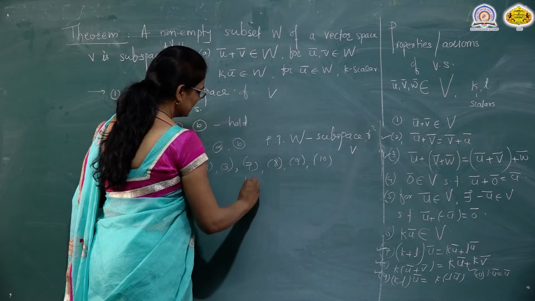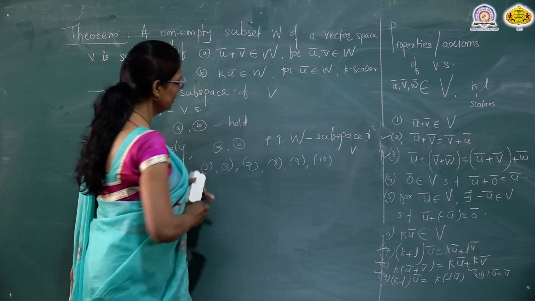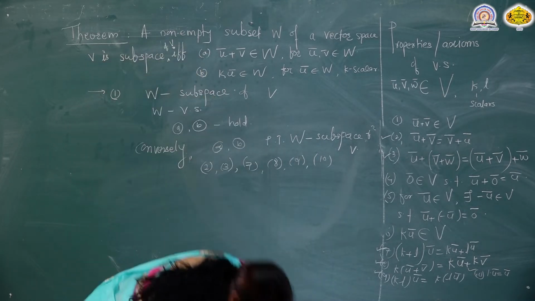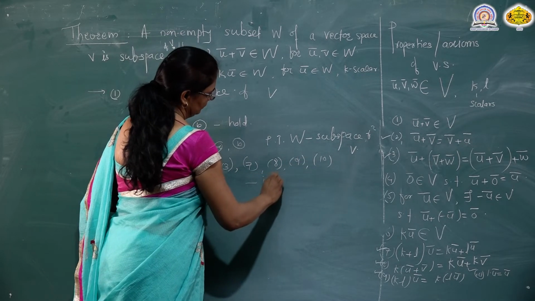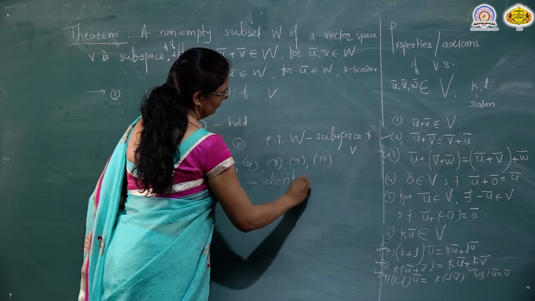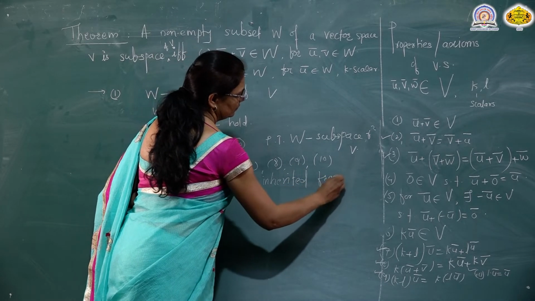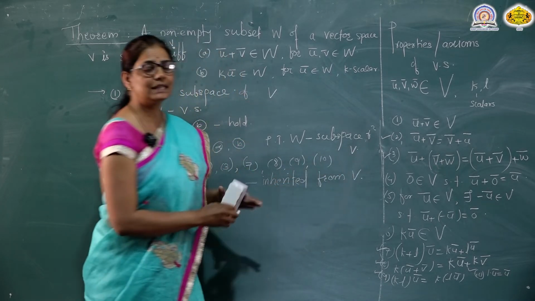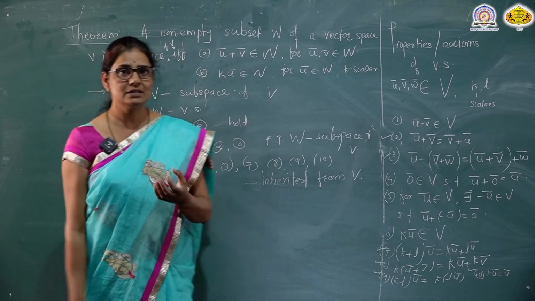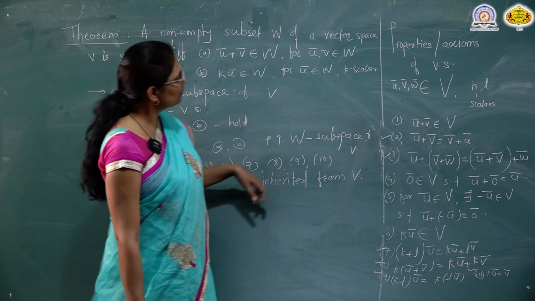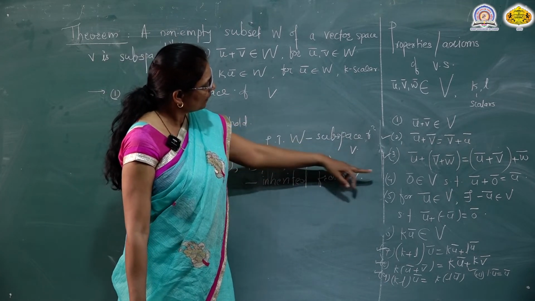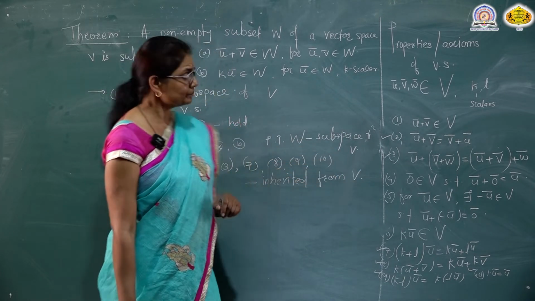All these properties are inherited from V, that is, these properties are true for the larger set, so they are true for its subsets also. So now it remains to prove the first, 4th, 5th and 6th properties.